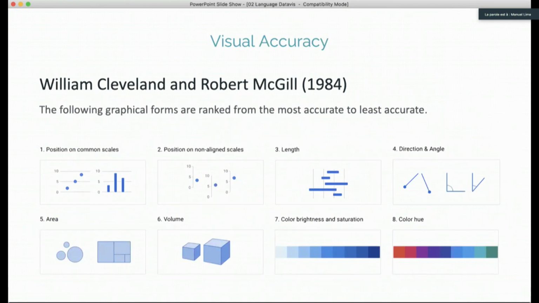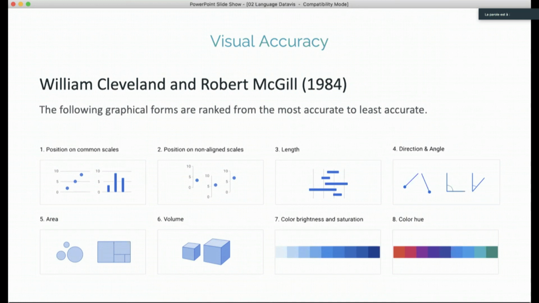And then William Cleveland and Robert McGill in 1984 went even further than Bertin. They basically tried to rank the various variables that Jacques Bertin had identified in terms of accuracy, right?